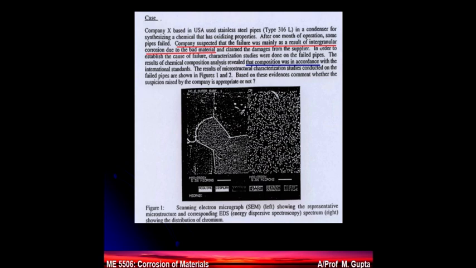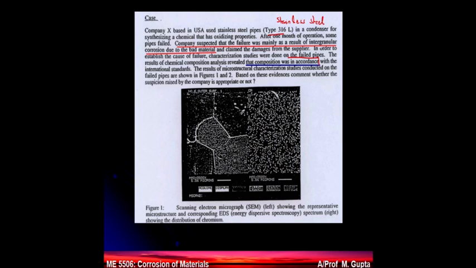And so the company here, which was based in Singapore, acting on behalf of the parent company, did the composition analysis. They used the steel 316, a stainless steel. They checked the composition, and they found that the composition was in accordance.